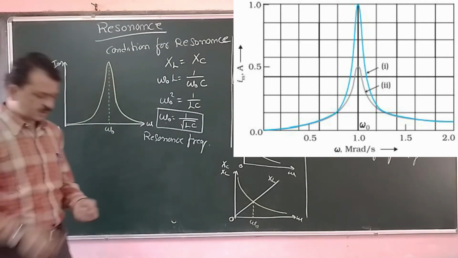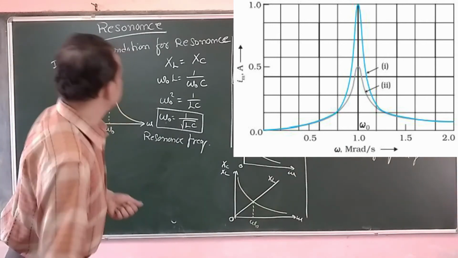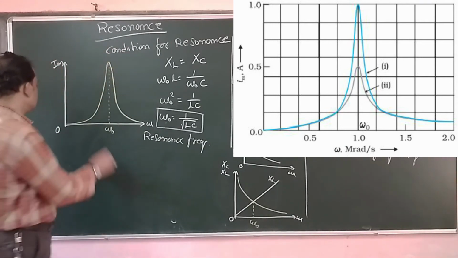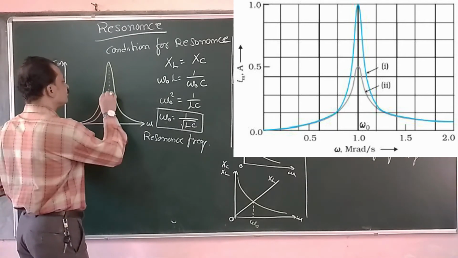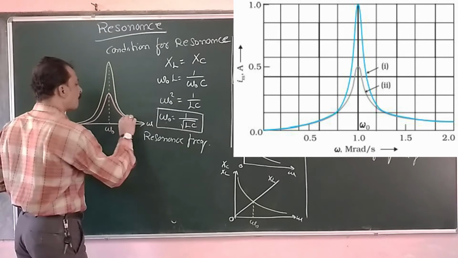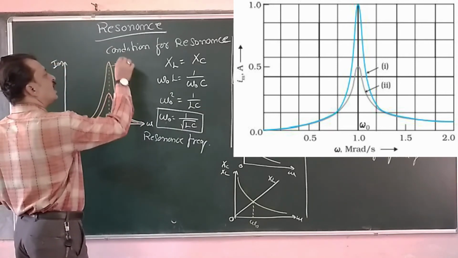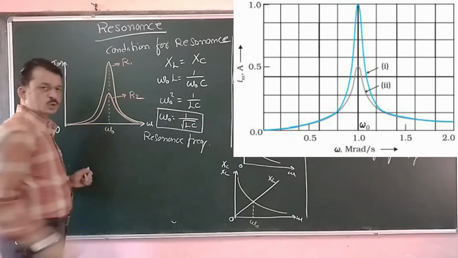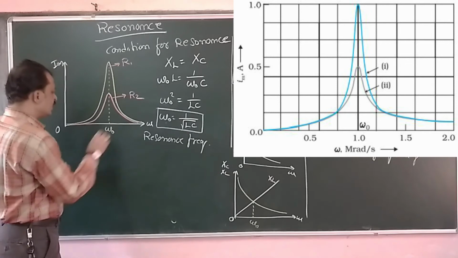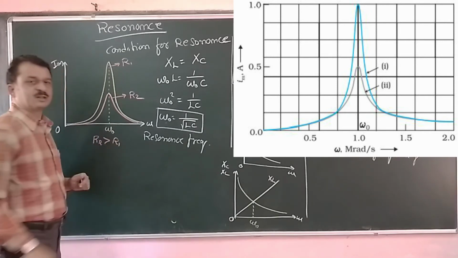This is one type of curve. For different R values, we get one more curve here. This is for R1, and this is for R2. The second curve is obtained with R2 greater than R1.